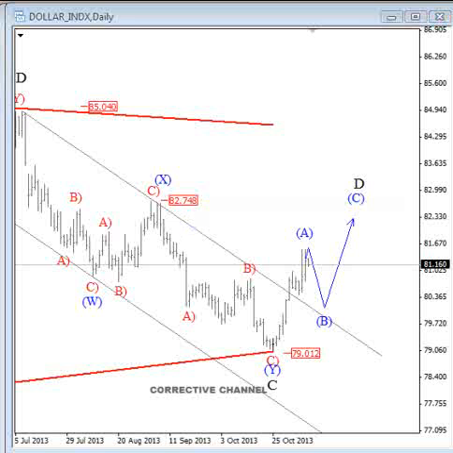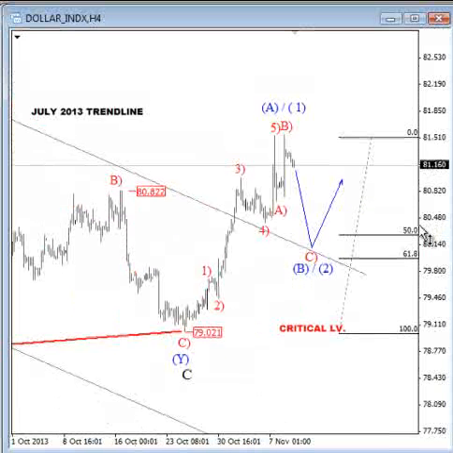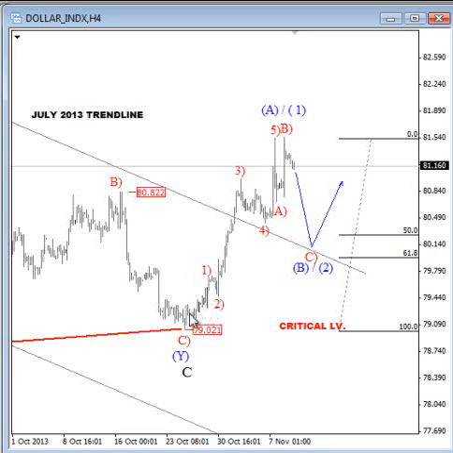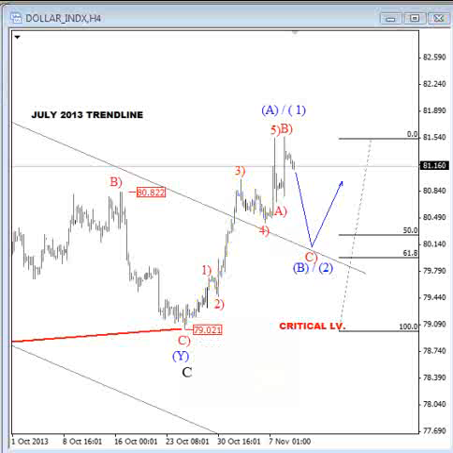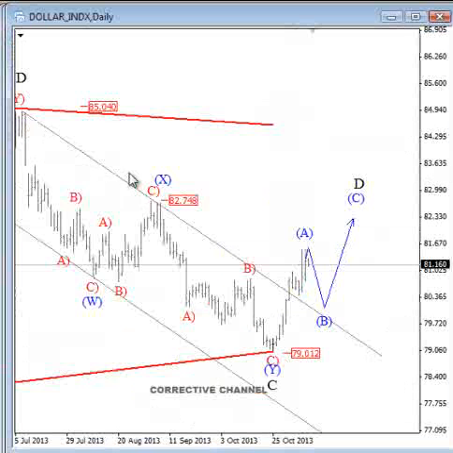Now on the 4-hour chart, I can see a very nice impulsive price action. This was wave 1, wave 2, an extended wave 3, which is typically the case, and as you know, a wave 4 pullback. Notice that this wave 4 pullback found support very nicely at this broken trend line.